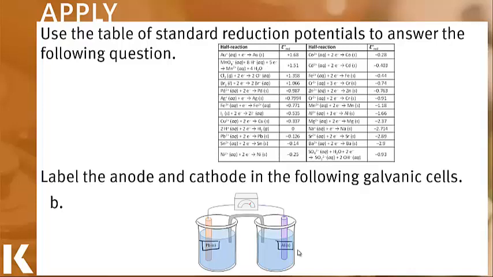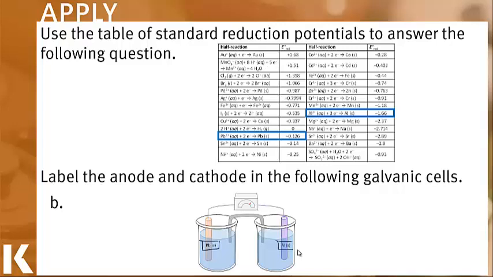So I look up at my chart, and lead is right here, and it has a standard reduction potential of negative 0.126. Aluminum is on the other side and has a reduction potential of negative 1.66. Even though they're both negative, we can figure out which one the cathode is.